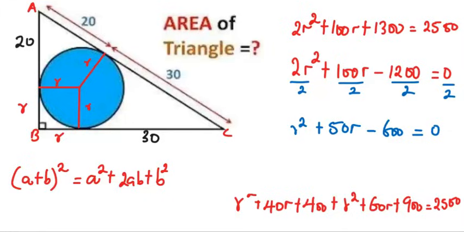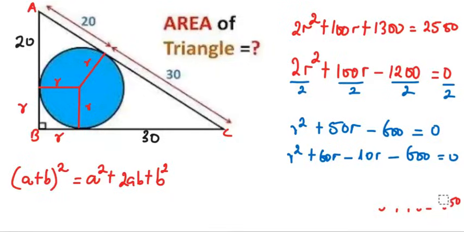Okay, so we're going to write this as R squared plus 60R minus 10R, and then minus 600, and this is equal to 0. So remember that the length is going to be positive, right? So we're expecting a positive R. Okay, so from here, we factor out R from here.